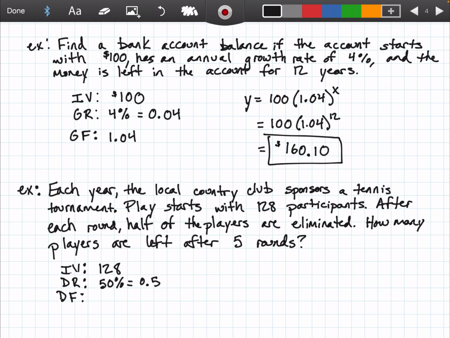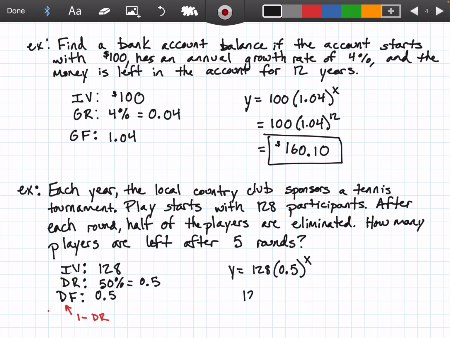So that means the decay factor is always 1 minus the decay rate. So in this case, 1 minus 0.5 is still 0.5. So it means my equation is 128 times 0.5 to the x.